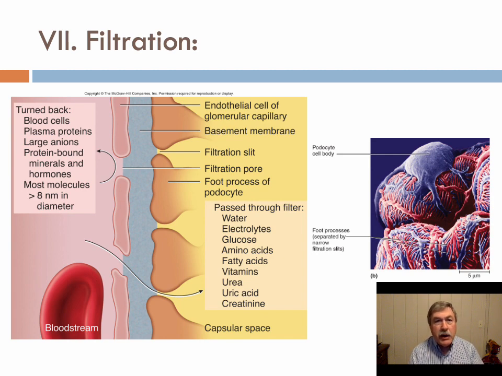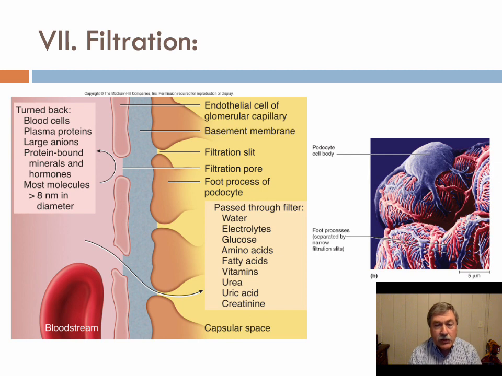So the filtrate that passes through the filtration apparatus is similar in composition to the plasma of the blood, minus most of the proteins. The filtrate only contains about 0.03% proteins compared to the 7% that's found in the plasma.